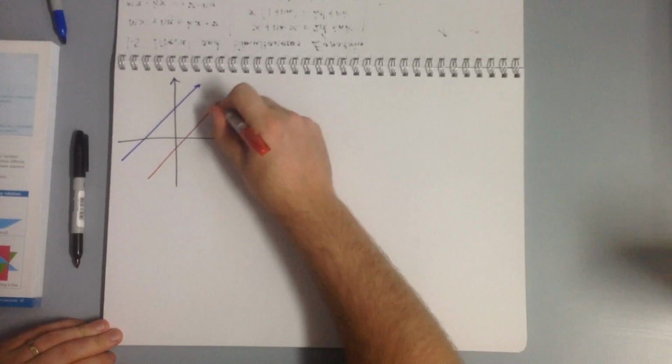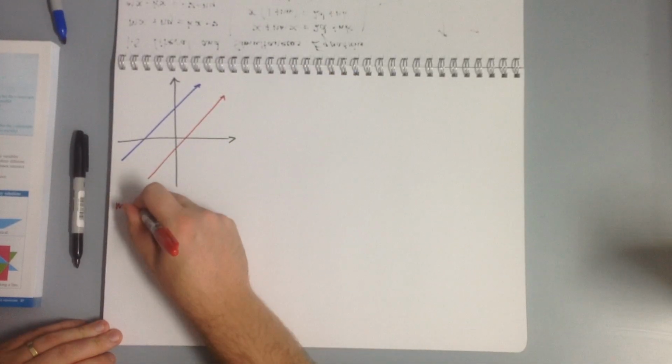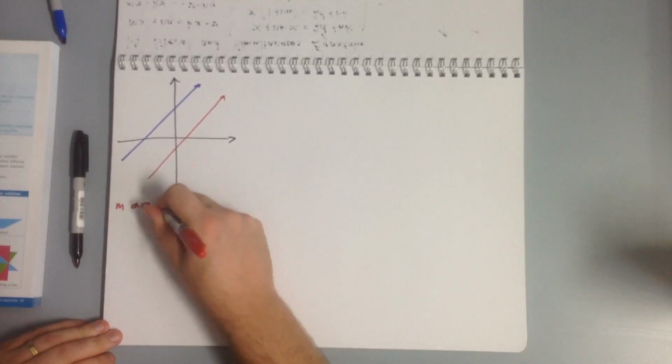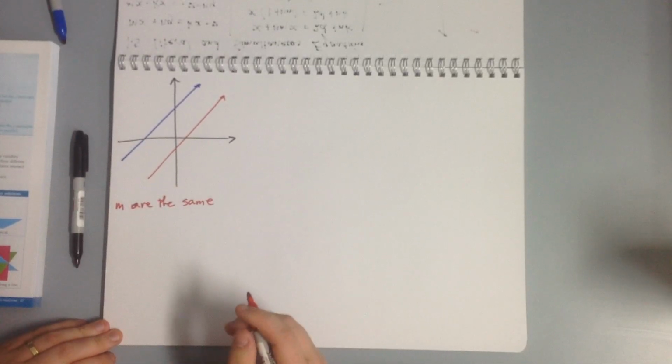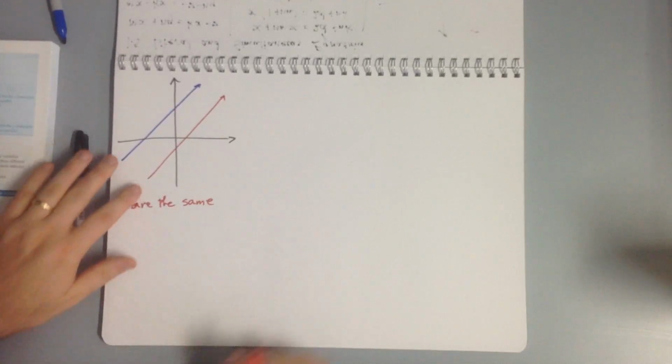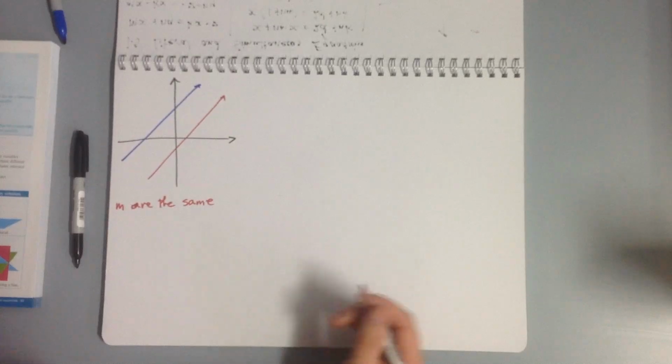Okay, what happens when we have no solutions? Our gradient, our m's are the same. Our gradients are the same. So because our gradients are the same, we're never going to come together. So think of it like train tracks.